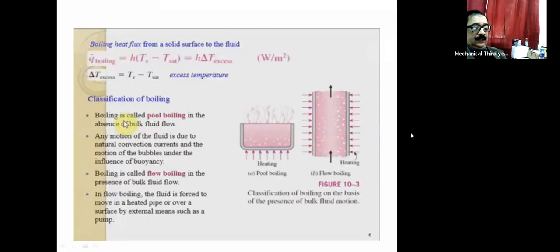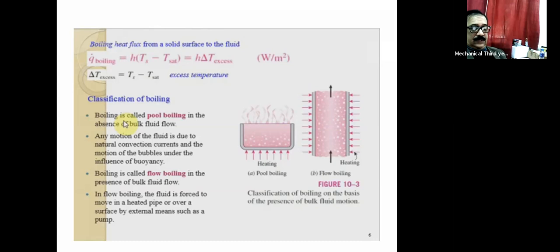Then boiling heat flux from a solid surface to the fluid is given like this, where delta T excess is nothing but the surface temperature minus the saturation temperature.